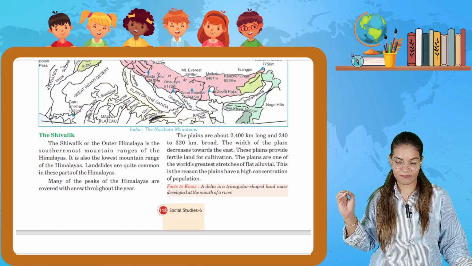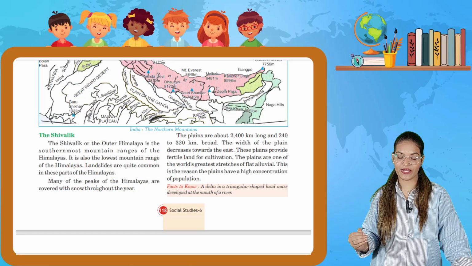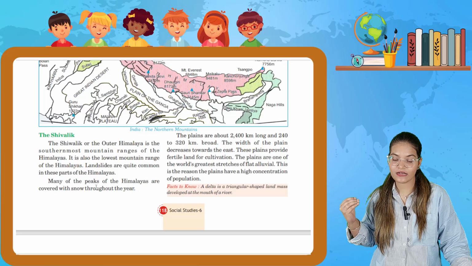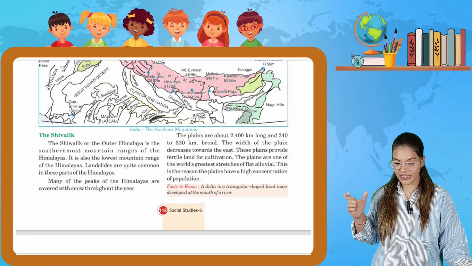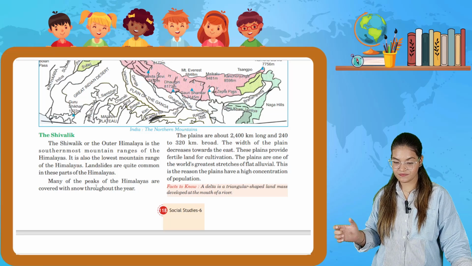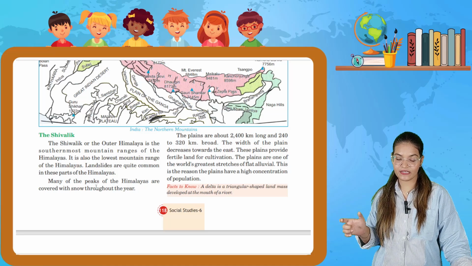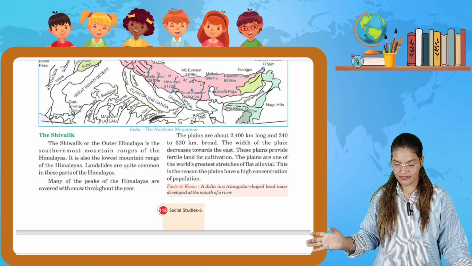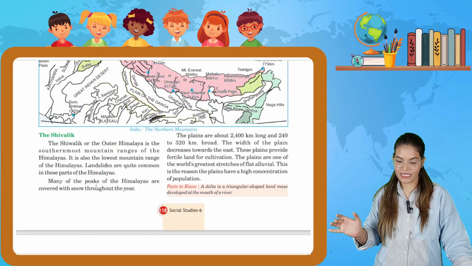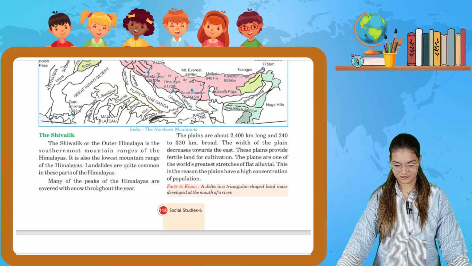The width of the plain decreases towards the east. These plains provide fertile land for cultivation. The plains are one of the world's greatest stretches of flat alluvium. This is the reason the plains have a high concentration of population.